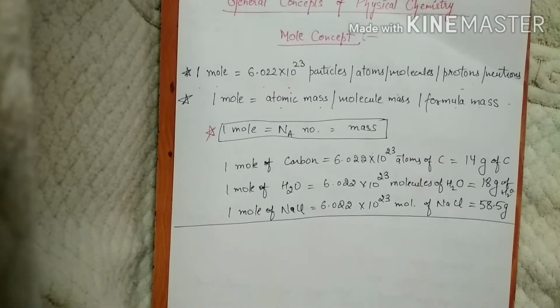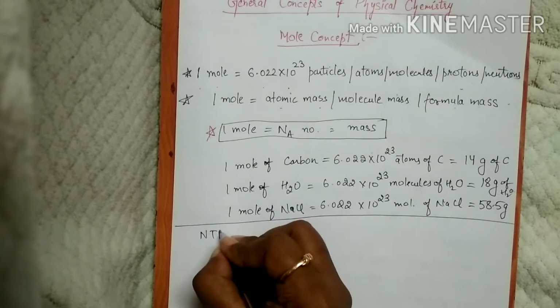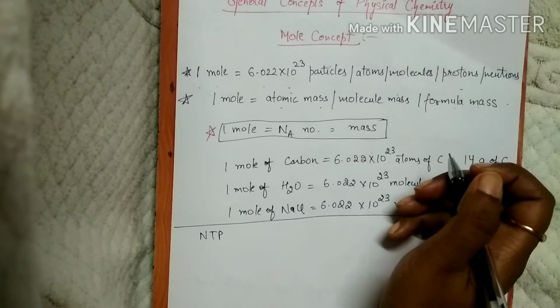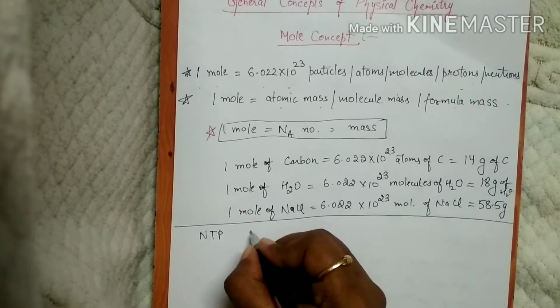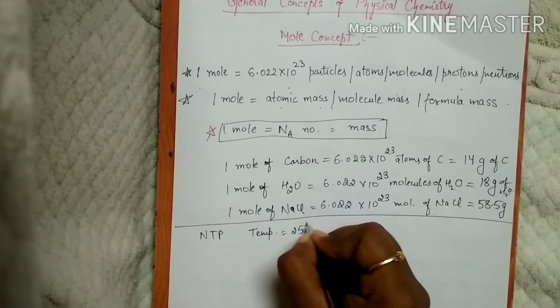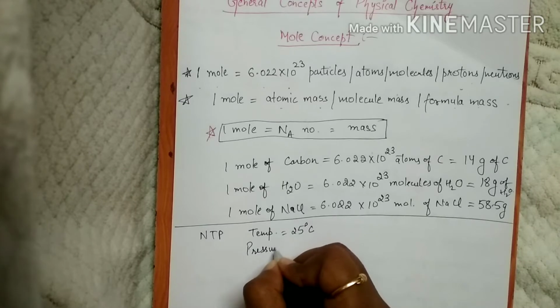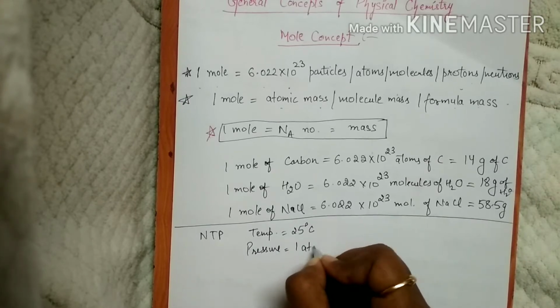Okay, so now I'm going to tell you about normal temperature and pressure and standard temperature and pressure. What is the difference between the two of them? If I'm talking about normal temperature and pressure, that is your NTP, that means the temperature is 25 degrees Celsius and your pressure is 1 atmosphere.